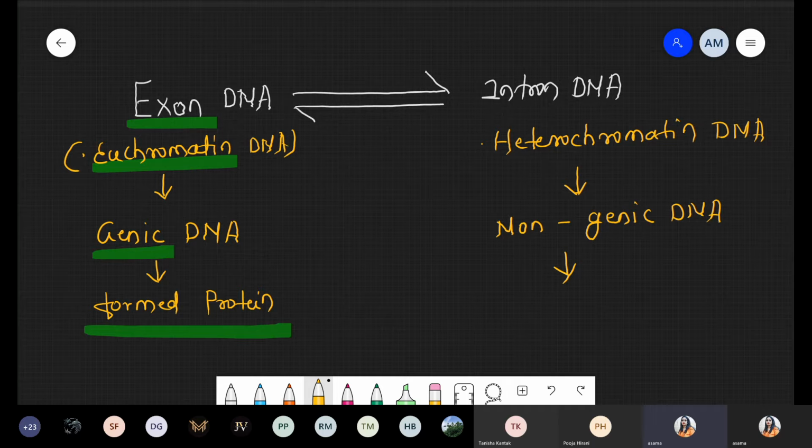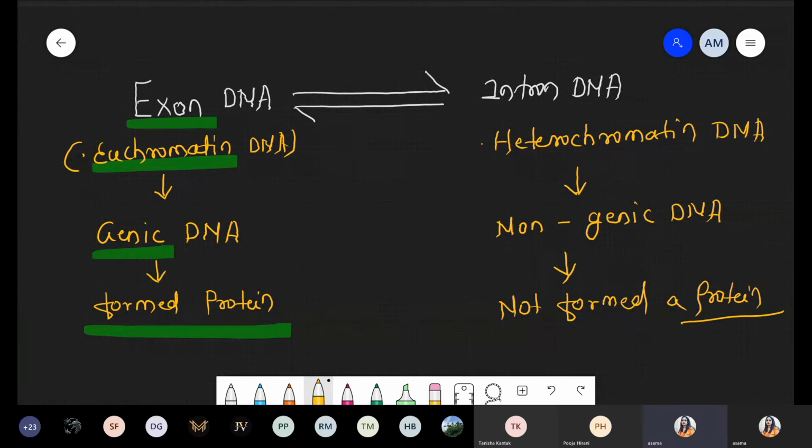Why? Because pseudogenes are an example of intron, non-genic DNA. They do not form a protein. That's why such DNA is called intron DNA.